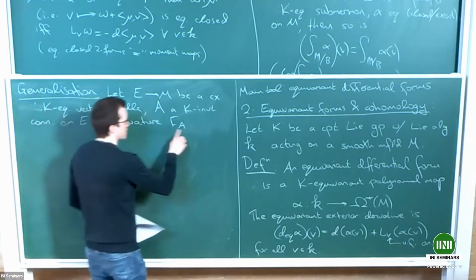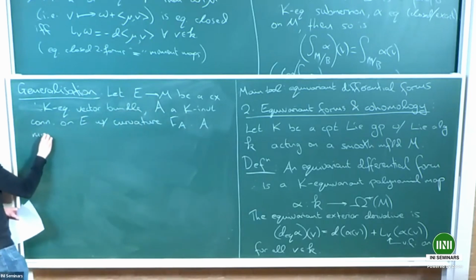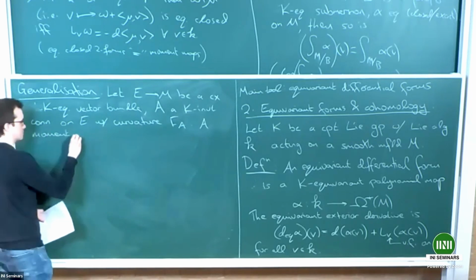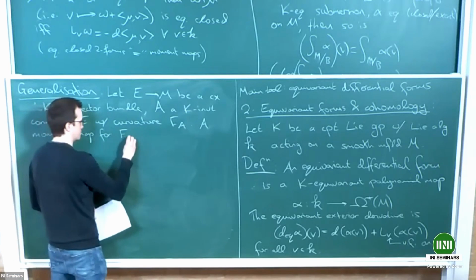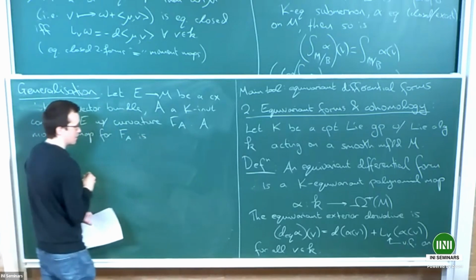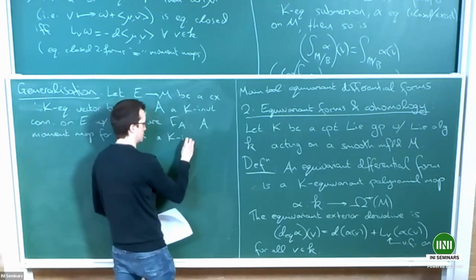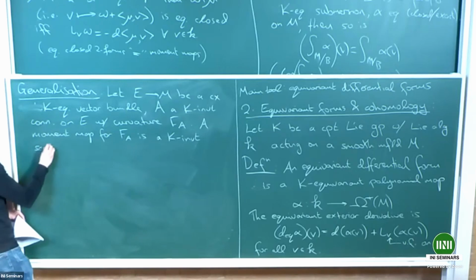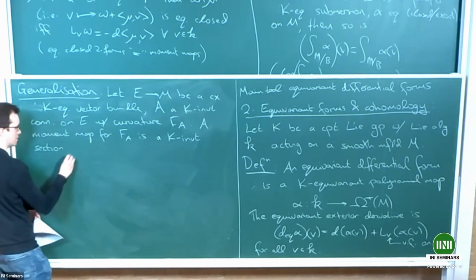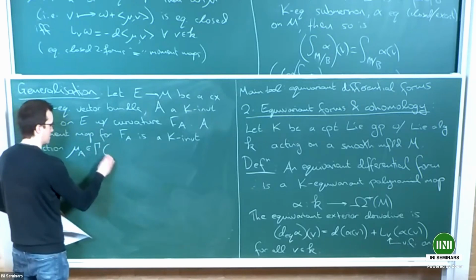Then I define a moment map for the curvature to be a K invariant section, written mu_A.